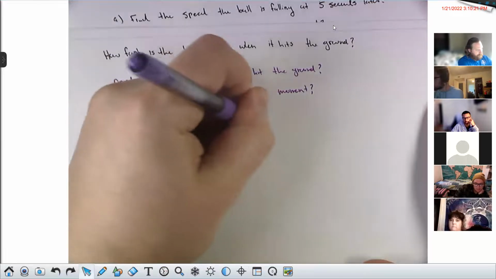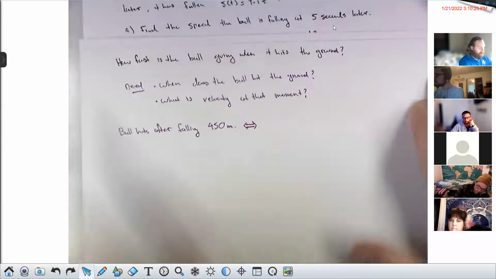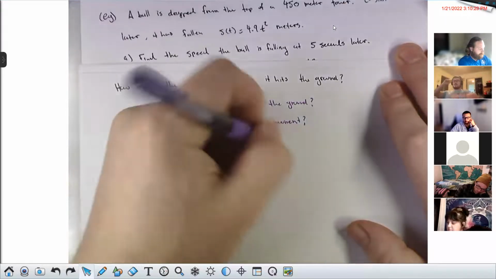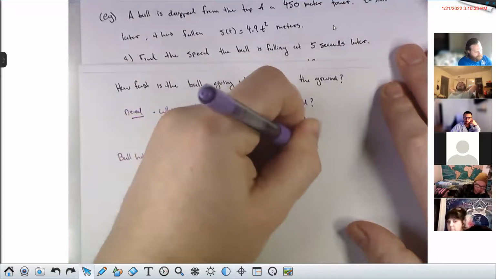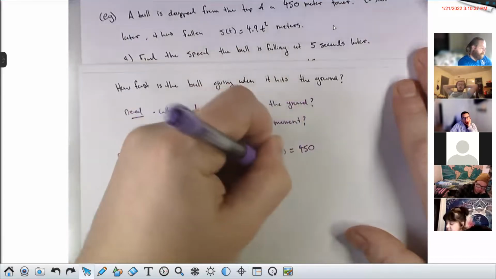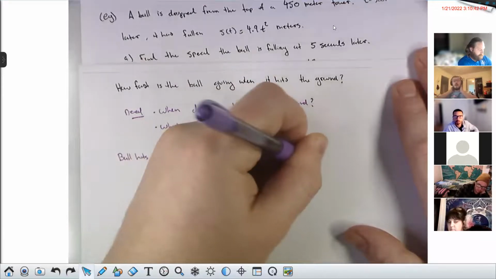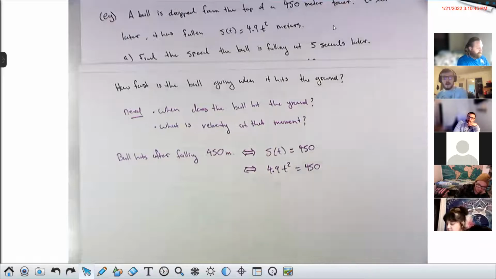which means we need to set the function that tells me how far the ball has fallen, s of t, equal to 450 meters. Which means 4.9 t squared is equal to 450. And if you divide both sides by 4.9, I'll just do the calculation here.